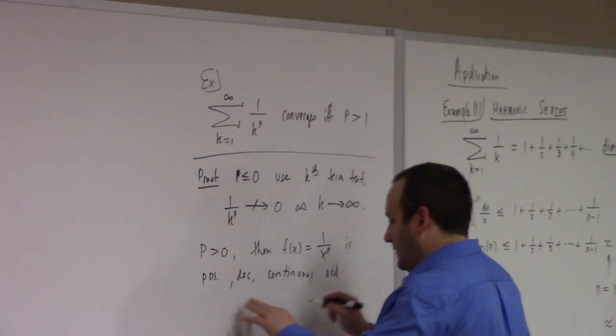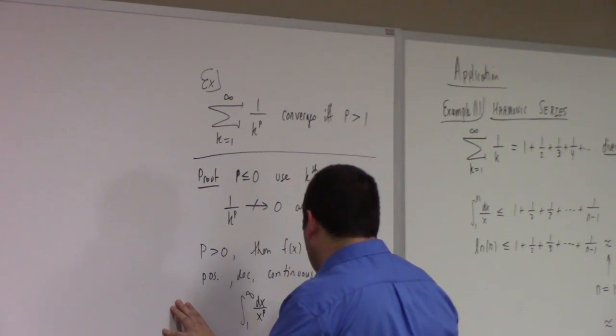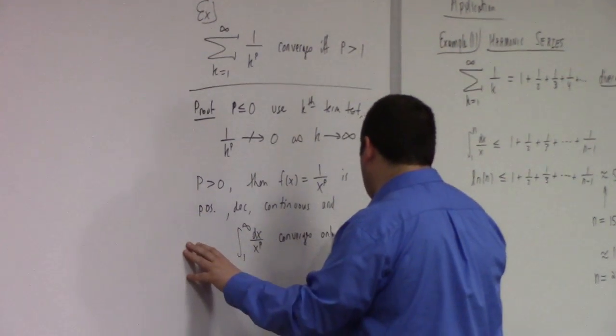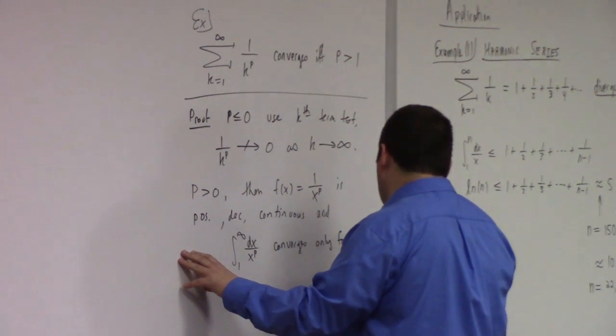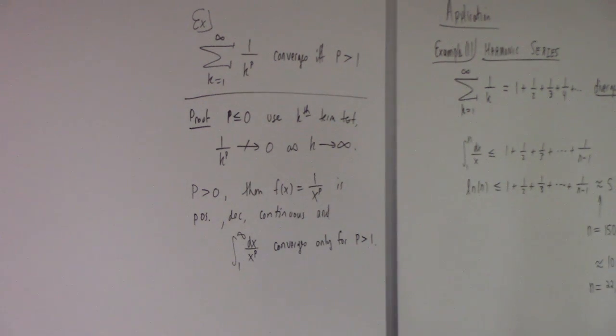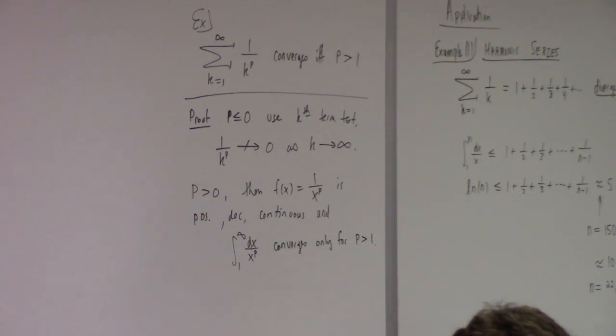And the integral from 1 to infinity of dx over x to the p converges only for p greater than 1. Hence, by the integral test, we're done. Just like for comparison integration problems, this is the go-to comparison thing with the p-series. It's a very useful family of examples that we have.